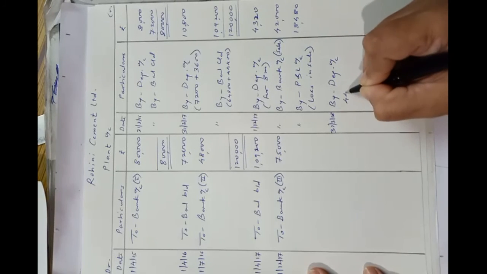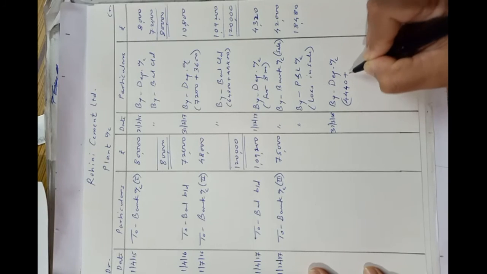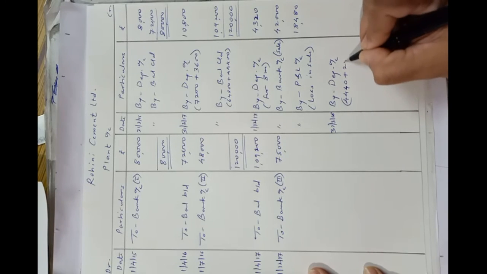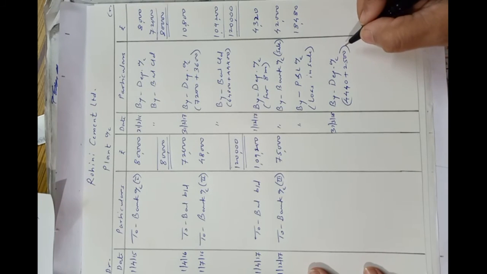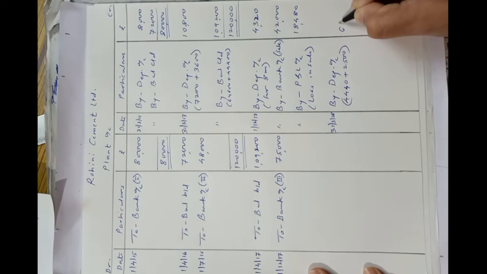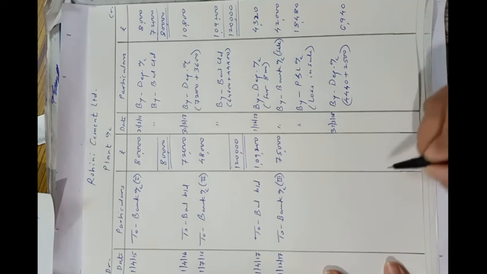Depreciation for this machinery will be for 12 months and depreciation of the new machinery will be for 4 months. So here on 31st March 18, by depreciation account, second machinery 4,440, 10% of written down value, plus third machinery 2,500. So total depreciation will be 6,940. Now we will tally the account for this last year.